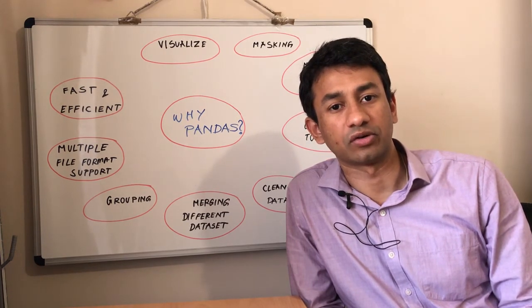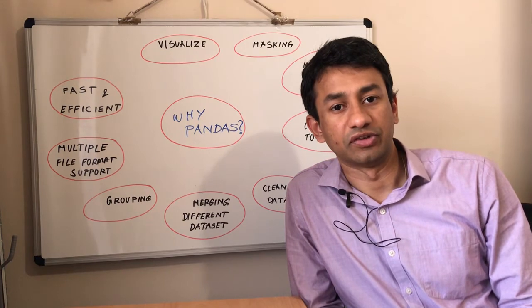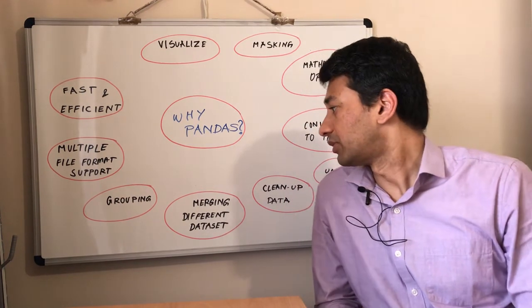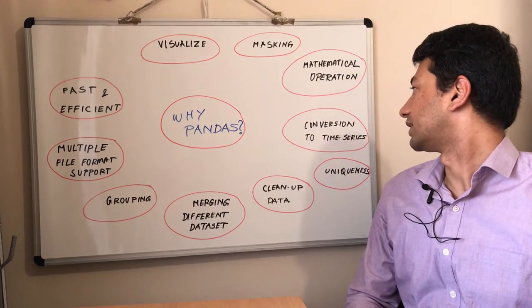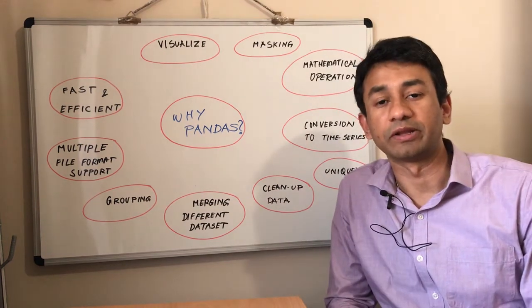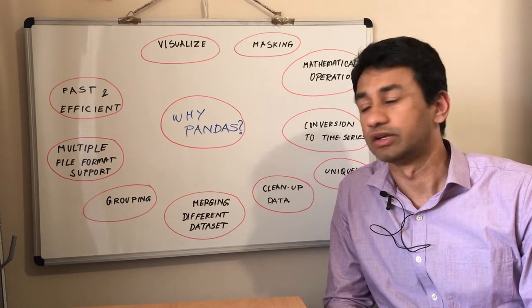For example, it has lots of functions that helps in cleaning up the data. It has lots of features to merge different data sources, and some of the operations are like it helps in identifying the unique data in a data set. It supports lots of mathematical operations. It helps us in better visualize the data.